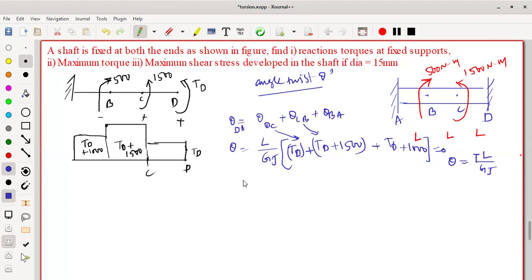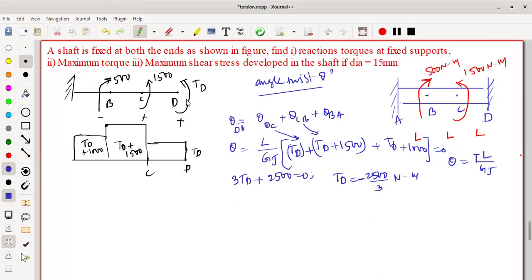So TD plus TD plus TD is 3TD plus 2500 is equal to 0. So TD is equal to minus 2500 divided by 3 Newton meter.